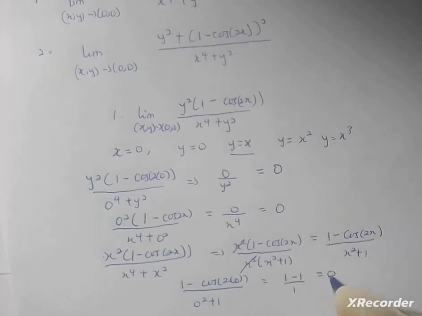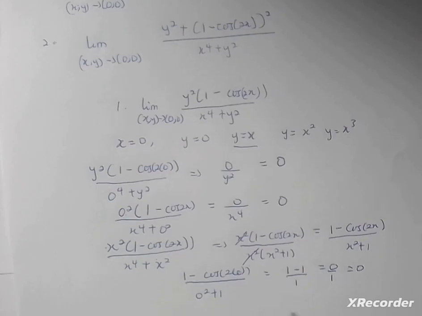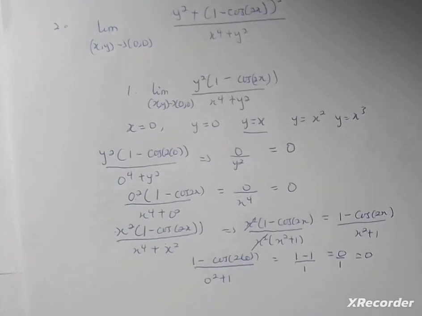This will give me 0 over 1. So my limit is going to give me 0. This is enough to conclude that our function y squared multiplying 1 minus cos 2x all over x to the power 4 plus y squared has a limit of 0 as x, y approaches 0, 0. So therefore, the limit is equal to 0.